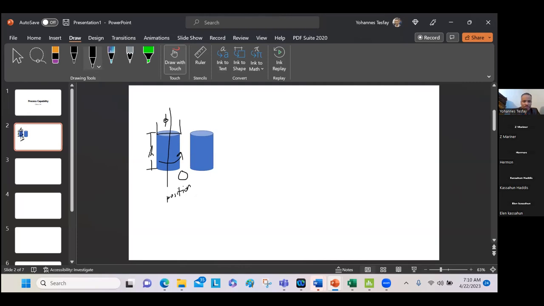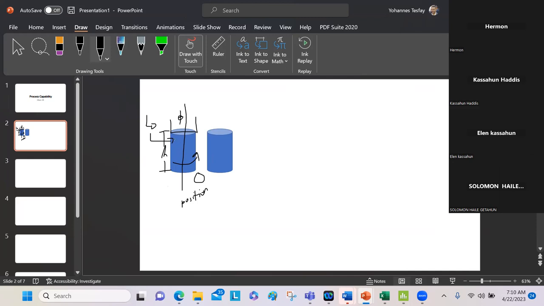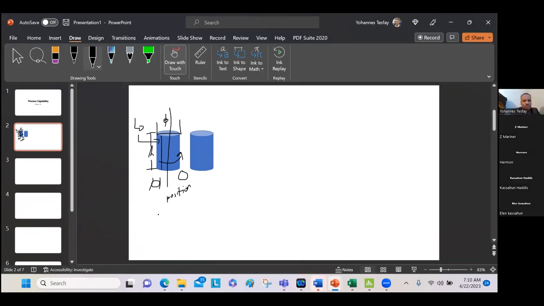And you have also another specification here, that is runout. And you have also runouts, and right here you have another GD&T specification, that is cylindricity, okay, being the ability of a cylinder.